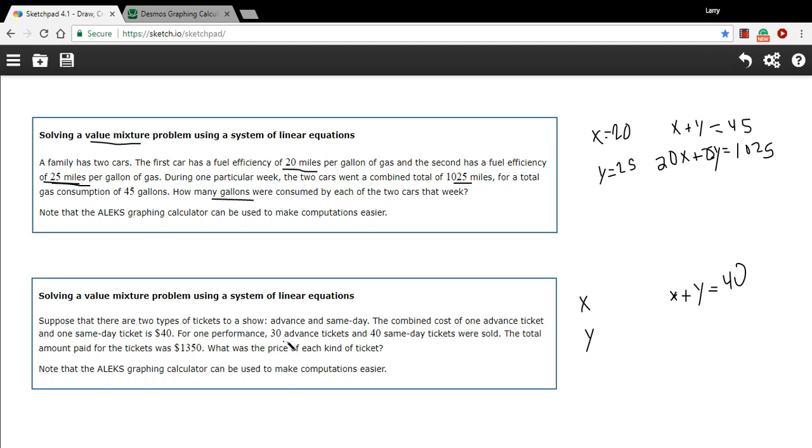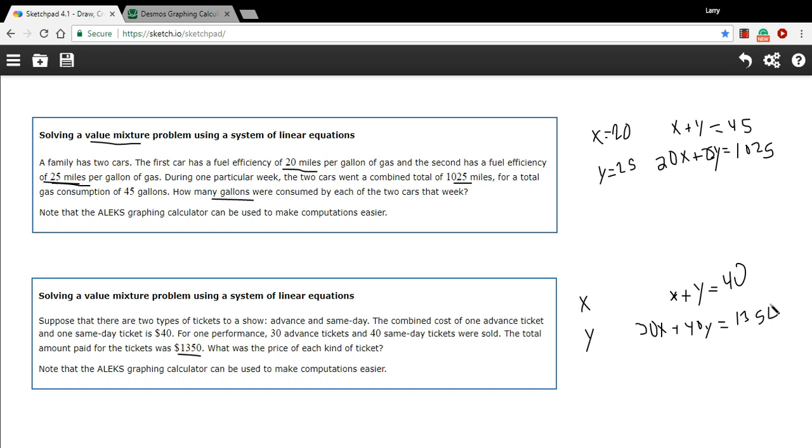They're saying that 30 advance tickets were sold and 40 same day tickets were sold. The total amount paid was $1,350. Well, since these represent the price, if we want to find the total price for that many tickets, we'd just multiply the number of each of those tickets by their prices. So that would be 30x and 40y, and that should add up to this 1,350.